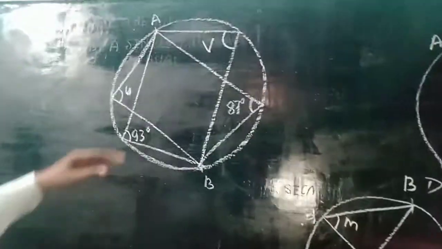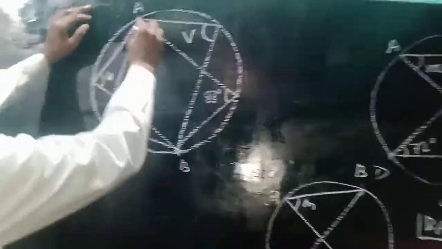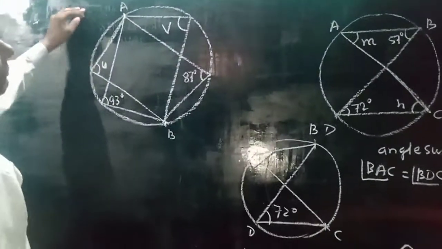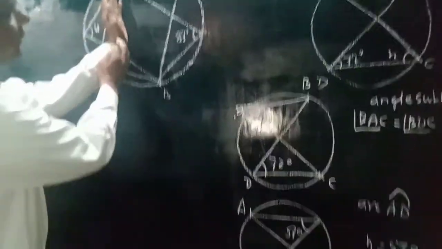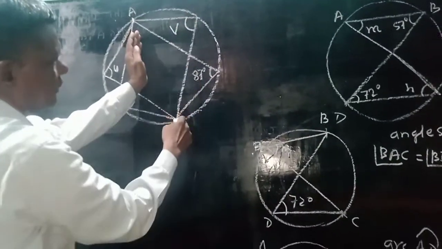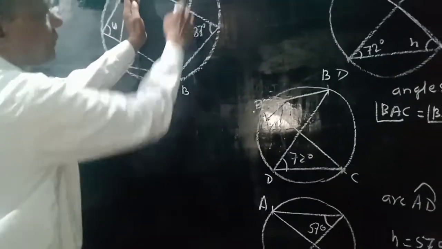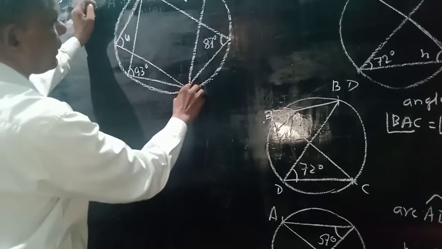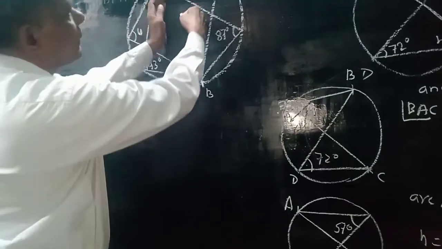Another question, this is the circle. Consider two points A and B. Through A, consider this side 87 degrees and this angle V. Both angles are subtended by the same arc on this side.